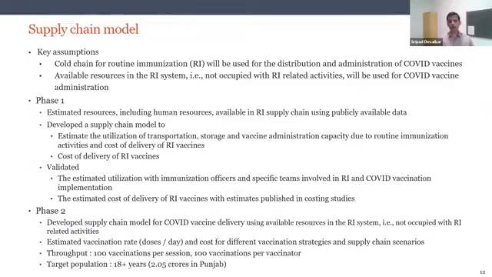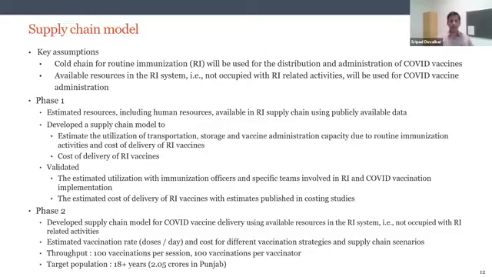And that forms the backbone for the COVID vaccine delivery as well. So we assume that the cold chain used for routine immunization will also be used for delivering the COVID vaccines.